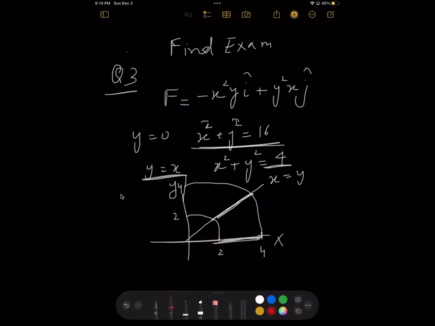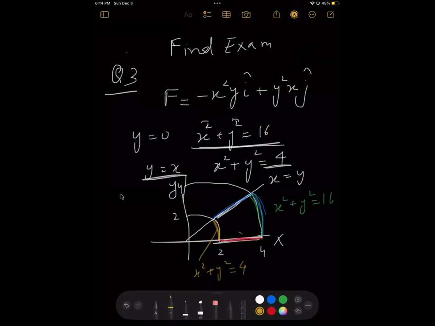If I draw, this is y equals 0, and this blue line is y equals x. Green is the curve where x squared plus y squared equals 16, and yellow is the curve where x squared plus y squared equals 4.